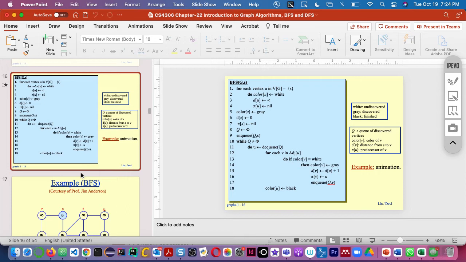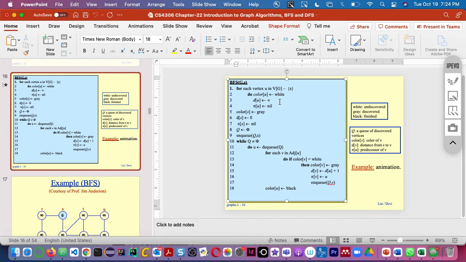Big O of V. Uppercase V is the set of all vertices. Lowercase v means a single element, a single node. And infinity means the path does not exist. While programming, we cannot write infinity, so you put a very large number.